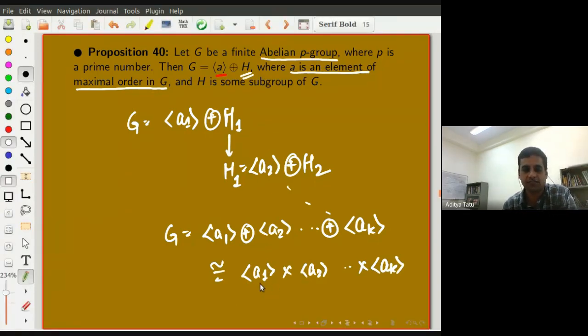Each of these is a cyclic subgroup. Is it clear?